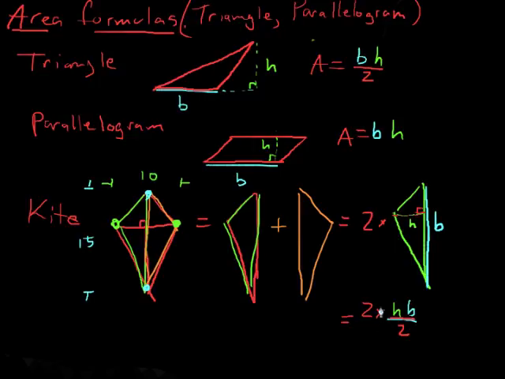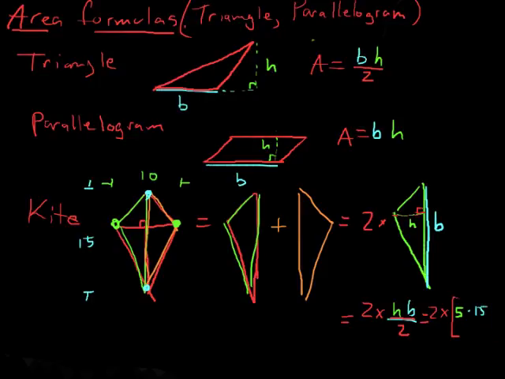You can see these 2's canceling, but you don't have to. We could do it step by step. This is 2 times, what's our height? Our height is half of 10, which is 5, times the base. What's our base? 15.